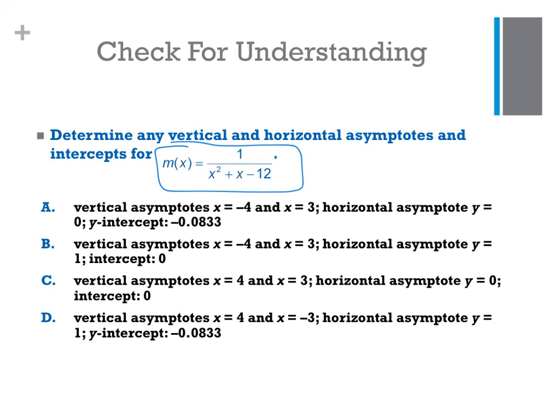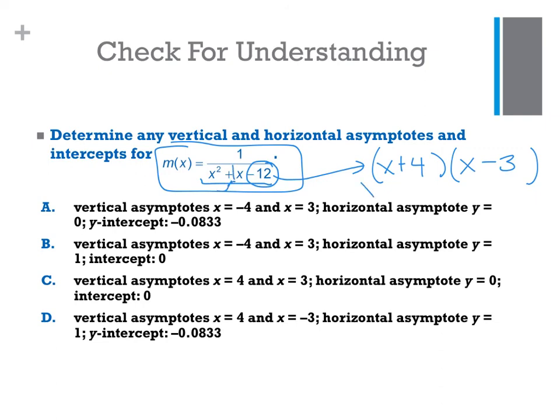Okay, so we are going to take a look here. Our vertical asymptotes are going to occur when the denominator is equal to 0. Because this polynomial is not factored, I'm going to go ahead and factor this polynomial. So this quadratic factors into x plus 4 and x minus 3, because positive 4 times negative 3 gives me negative 12, and when I add 4 and negative 3, I get a positive 1.